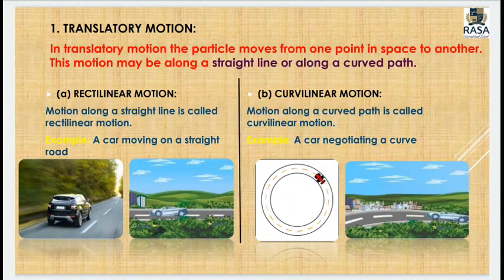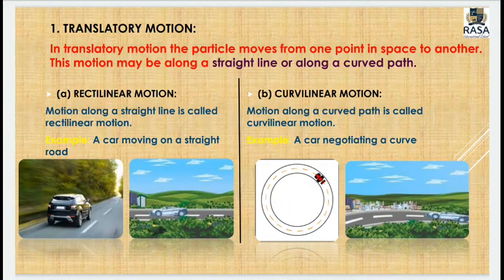So first one is rectilinear motion. The motion along a straight line is called rectilinear motion. So if a car is moving on a straight road, then it is in rectilinear motion. And curvilinear motion, if the car is moving in a curved path, then it is in curvilinear motion.